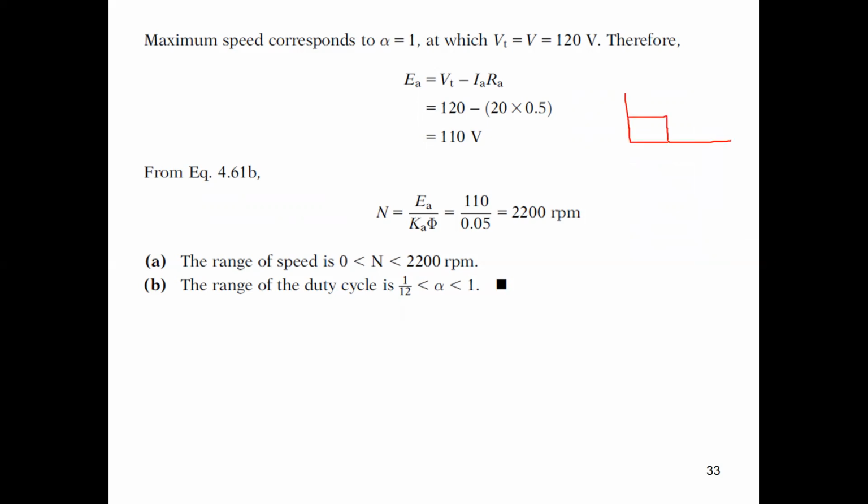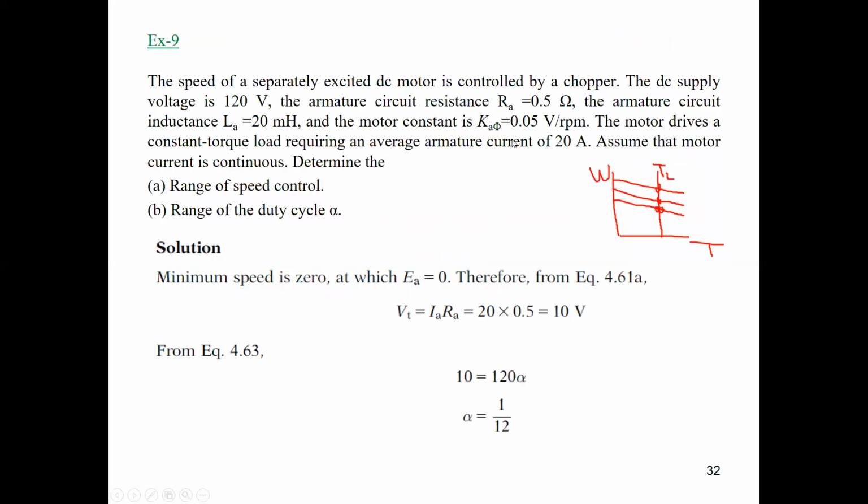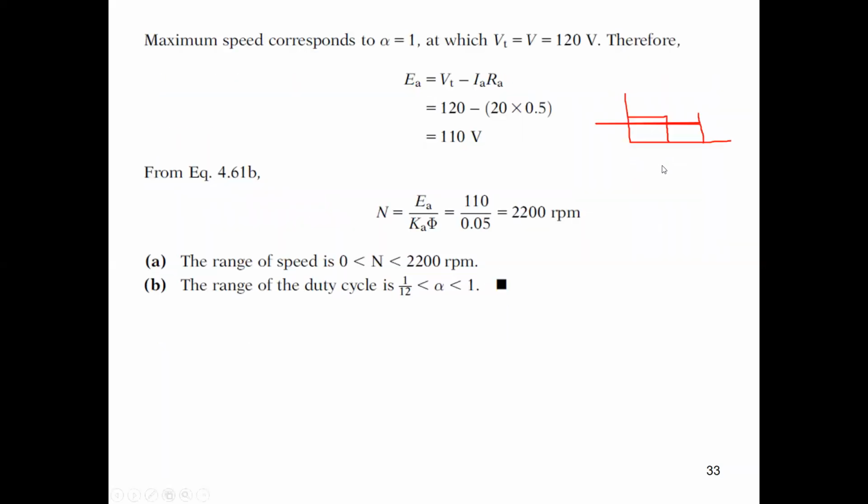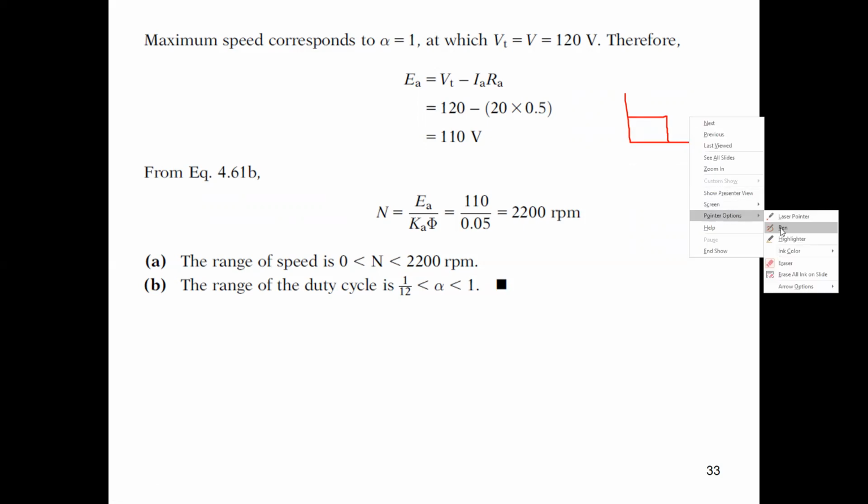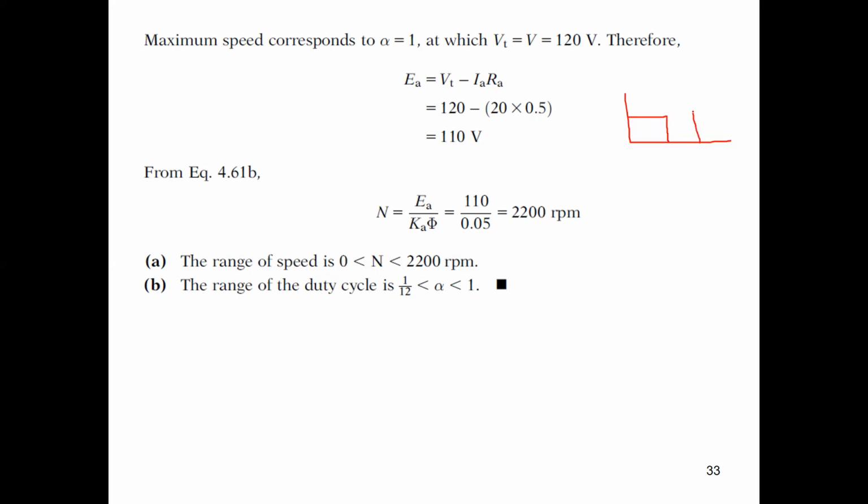If you can see the pulses, this was the T on. At this instant, this is the full period T, and at that instant, this is T on.